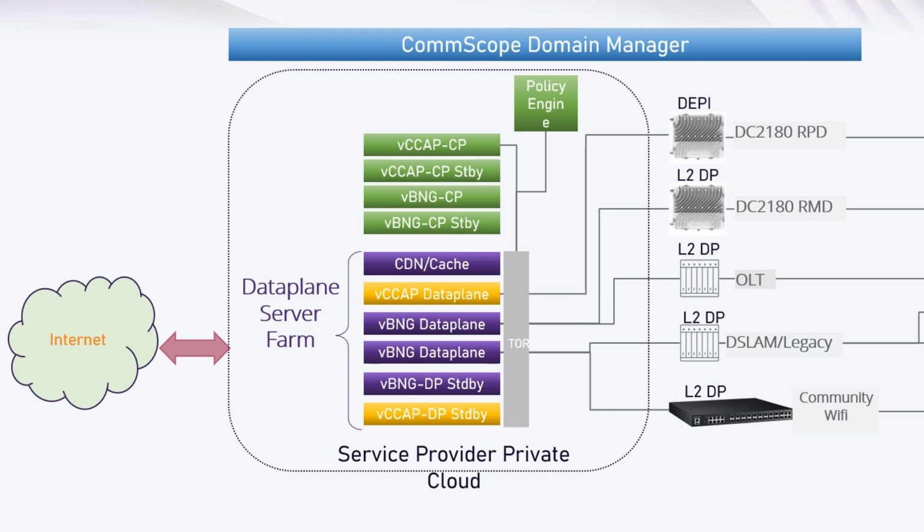So you see here the virtual CCAPs and the DA nodes that are residing in the network are connected, right? The RPD feeds its data via DEPI tunnels to the virtual CCAP data plane. If you have RMDs deployed, those can be fed straight into the vBNG data plane even today, or they can go straight to the router.